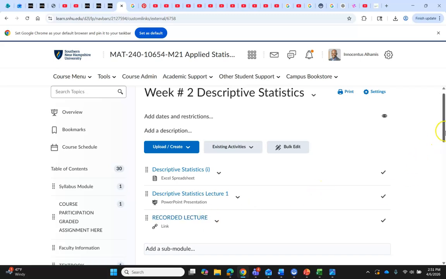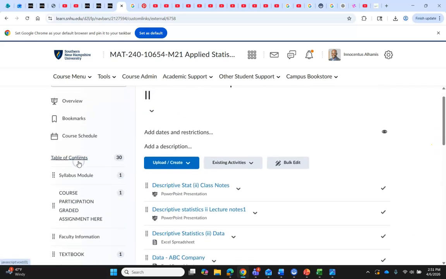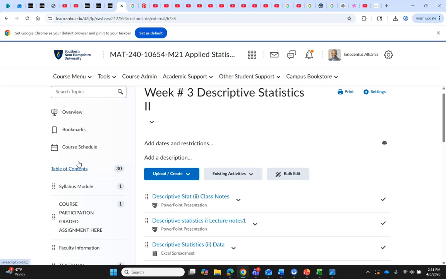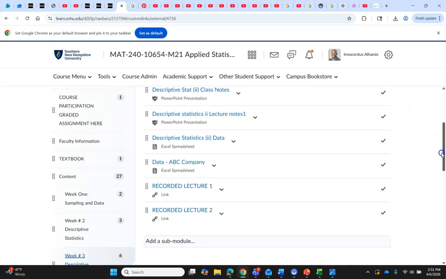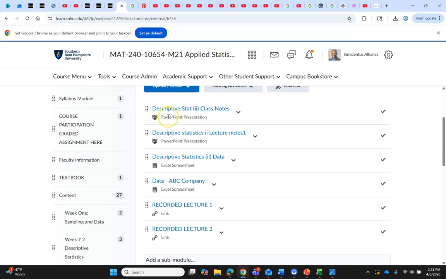Now, in week 3 we also discussed descriptive stats, and we looked at more topics and sections of descriptive statistics. We have two PowerPoints posted, then we have the Excel file which we normally worked on, and then we have recorded lecture 1 and lecture 2.